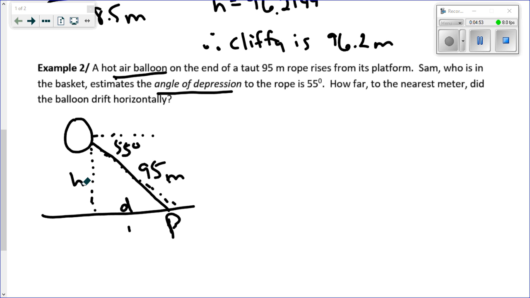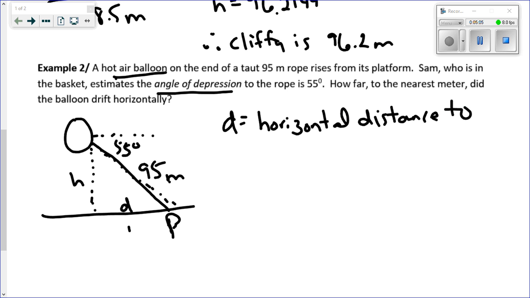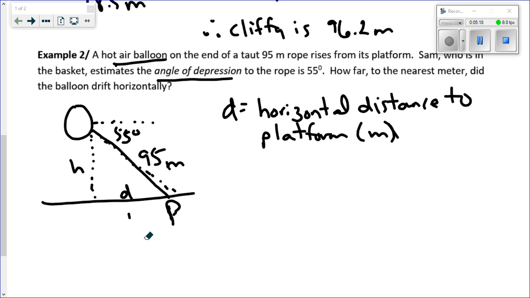Well, okay, let's define D first. Now I chose D because I tend to think of H as being for height. I don't want to mess with that, but I could have used H for horizontal. That would have been fine.